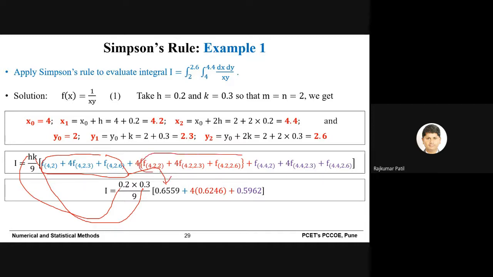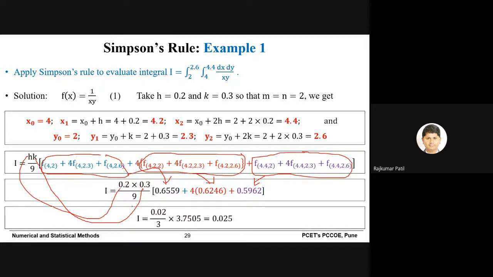The second part we calculated as 4 into 0.6246, and the third part we simplified as 0.5962, and upon further simplification you will get the value of integration as 0.025. So this is how you can apply Simpson's rule to solve the problem related to double integration.